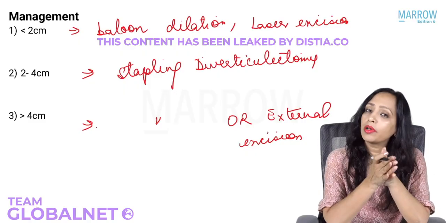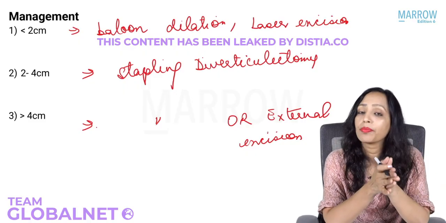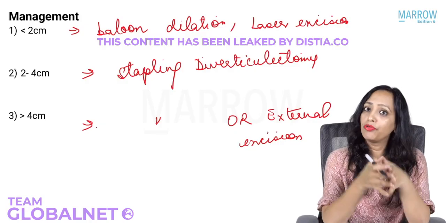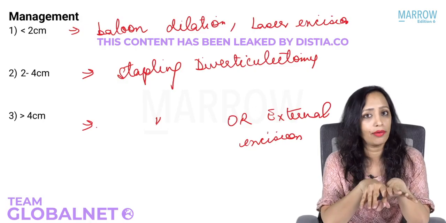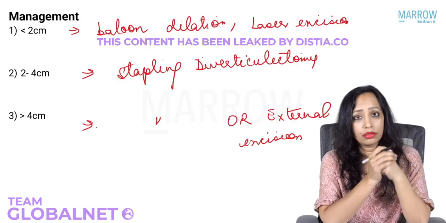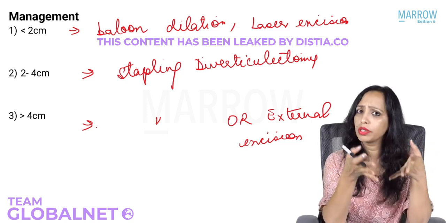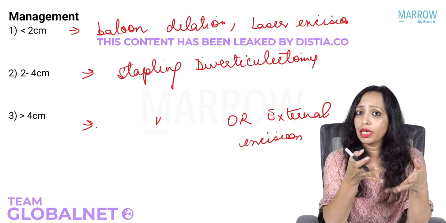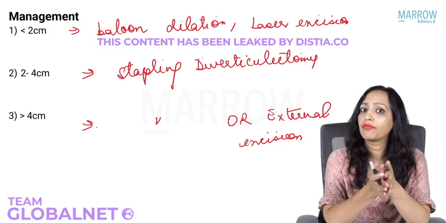Now some books differ in the approach to these diverticulums, but this is what our ENT textbooks follow, and that is what I have told you. This also sounds very sensible to me, that whenever we are dealing with a deeper pouch, laser might not be very safe, so stapling diverticulectomy is a much safer option.